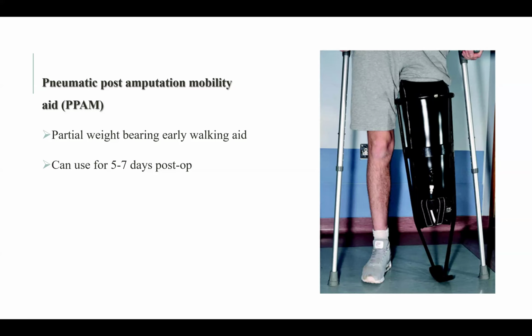It's like the patient has to pay two times for prosthesis. How much does it cost approximately? Some 40,000-50,000, sir. In our setting, is it really needed? I have not found it greatly useful, sir. Just for 7 days, you have to spend so much.